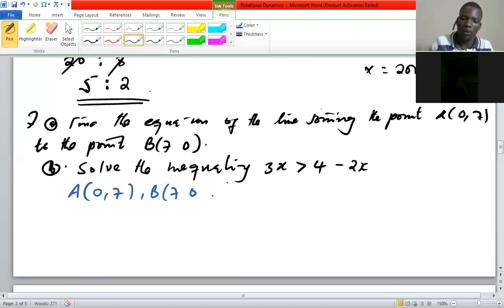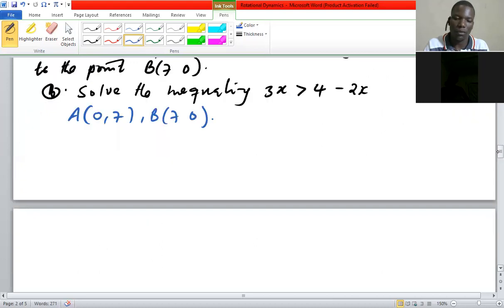I'll show you two ways, and you will see which one is simpler for yourself. The general equation of a line is given by y equals mx plus c.